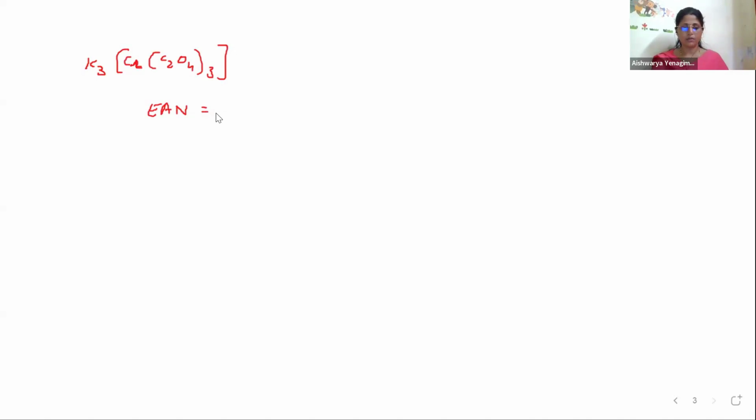Chromium atomic number is 24, minus the charge on it, 3, plus how many? That is an example of a bidentate ligand. There are 3 ligands, but it is a bidentate ligand, so the coordination number is not 3. The coordination number is 6, into 2 electrons each. Correct? So you will get the answer 33.